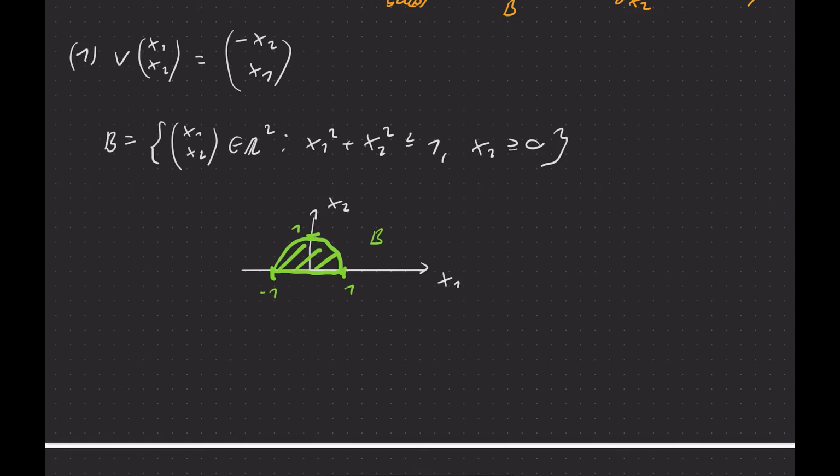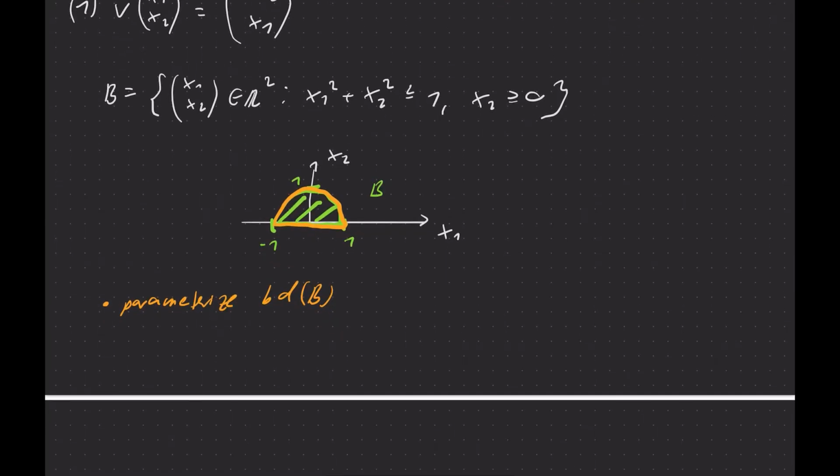The first thing we need to do if we want to use Green's theorem is parameterize the border of B. So we need to find a parameterization of that border. And you can see that this border consists of two pieces. We have that straight line here, and we have a half circle here. So we'll consider those separately.